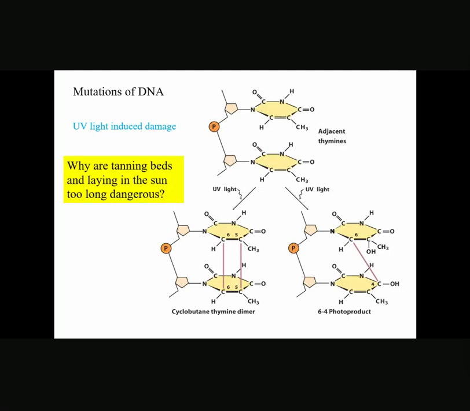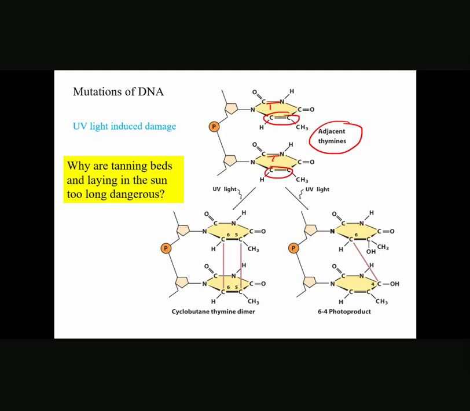So what is this UV damage I'm talking about? Well, if we have two thymines, okay, adjacent thymines, there's a chemical reaction that causes a cyclobutane ring to form between two adjacent double bonds.